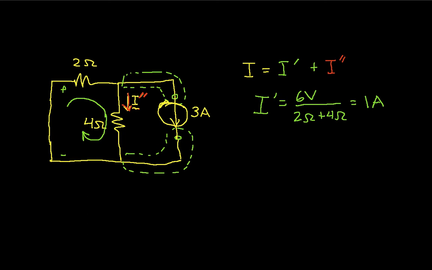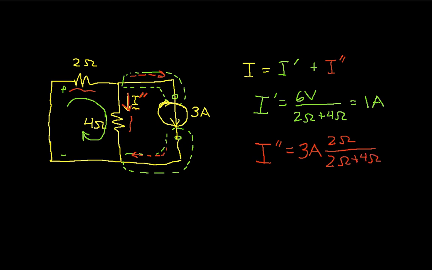Okay, so I have the current actually flowing this way and back out here. You'll notice now I have 2 resistors, the 2 ohm and the 4 ohm resistor, in parallel, and so I can use a current divider to determine the current that flows through the 4 ohm resistor. The current divider basically says it's going to be the total current, which is 3 amps, times the other resistor, 2 ohms, over the sum of the resistors.